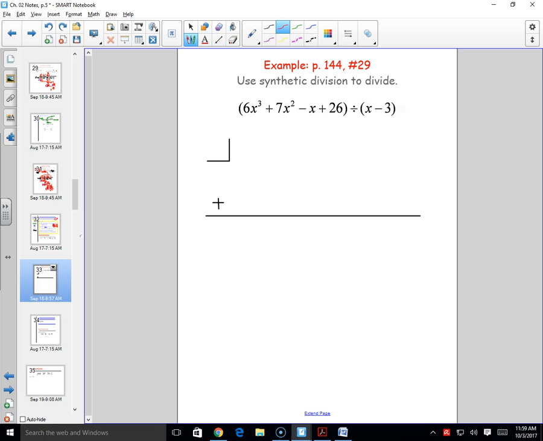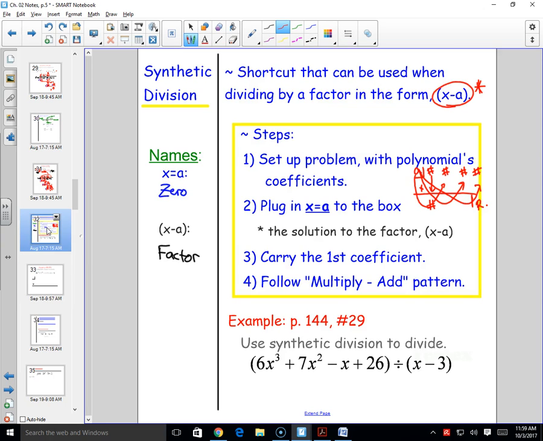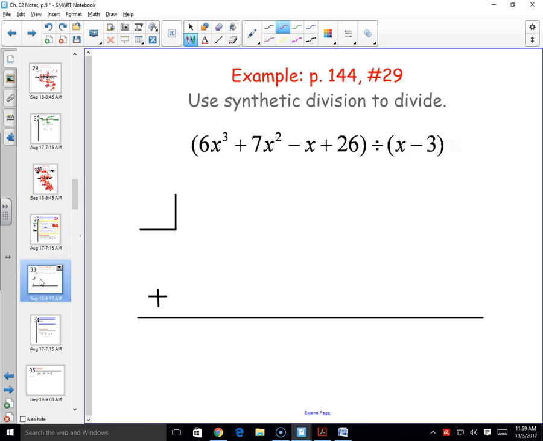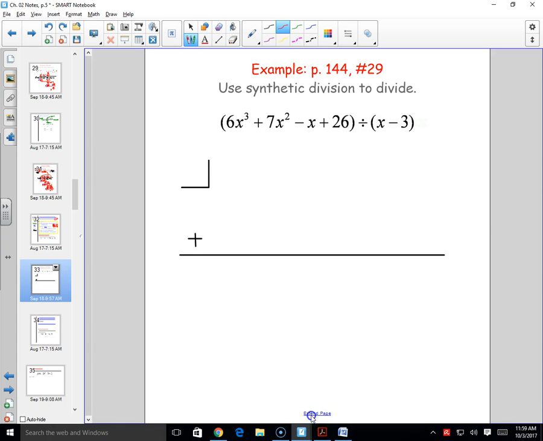Kiddos, what's going to go in the box? Thanks for checking, I appreciate it. So x minus 3 is the factor. So positive 3 is what goes in the box.